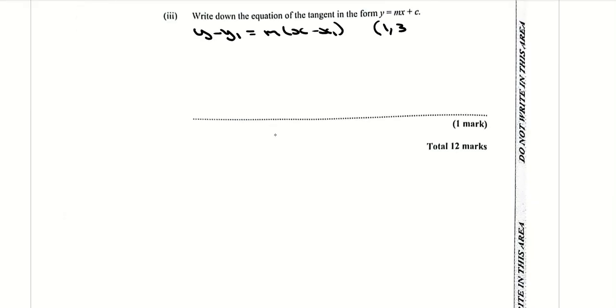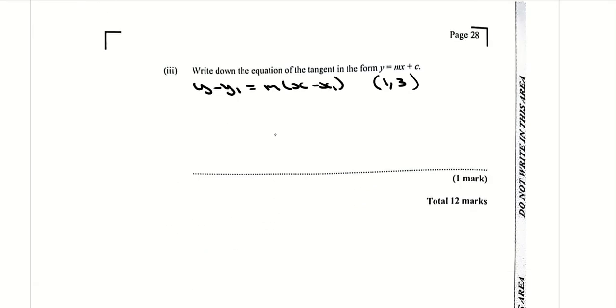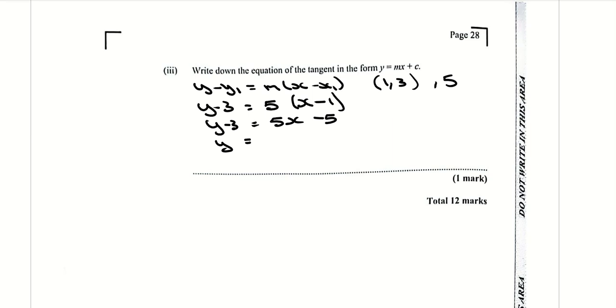We got a gradient of 5. So that is y minus 3 is equal to 5 times x minus 1. So y minus 3 is equal to 5x minus 5. So y is equal to 5x minus 5 plus 3. So y is equal to 5x minus 2.